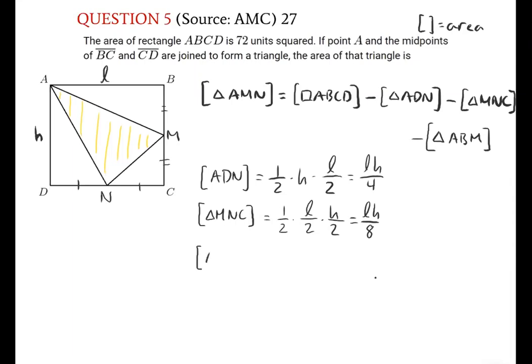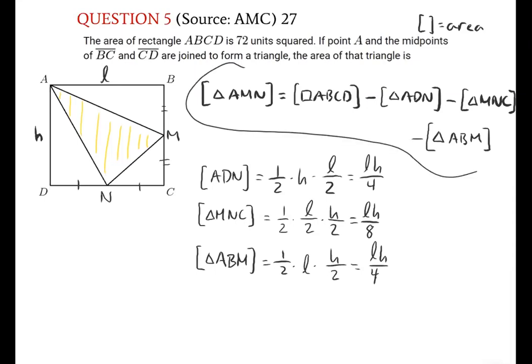And then finally, let's find the area of ABM. And that's just equal to 1/2 times L times H over 2. That's equal to LH over 4. So now we can put all of these back into this equation, and let's just do that. So AMN is equal to the area of the rectangle, and we do know the area of the rectangle.